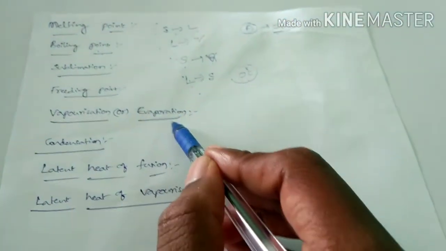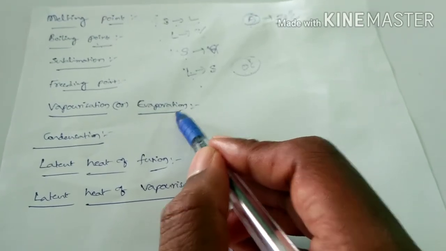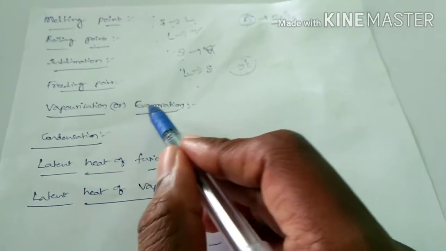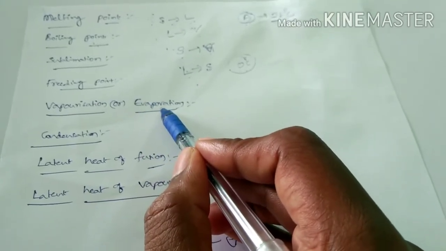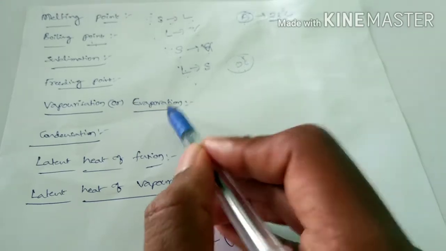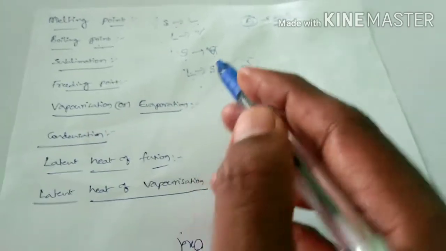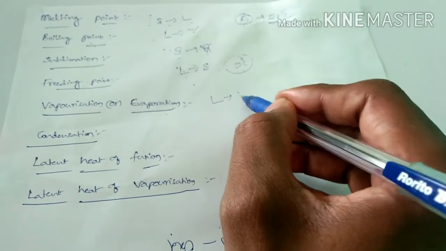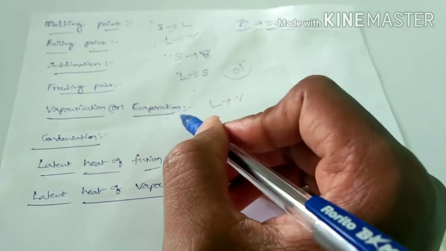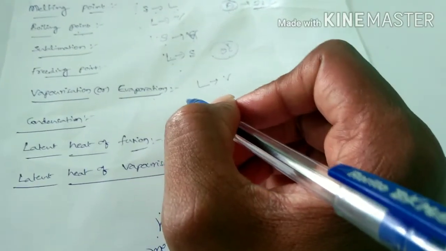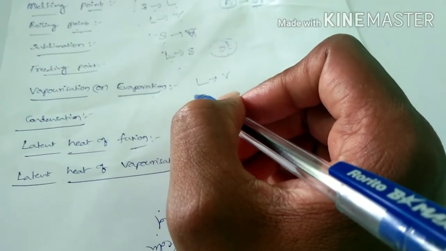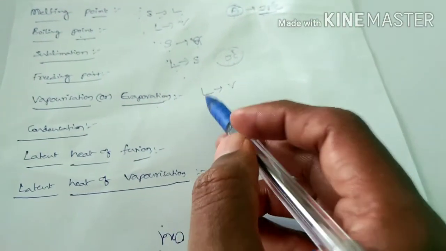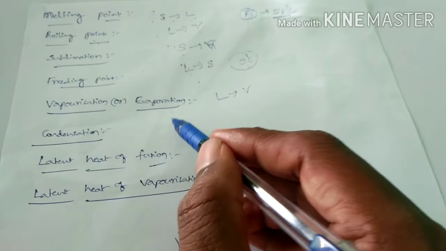Next, vaporization. One more name for this is evaporation. Vaporization or evaporation, both are same. Vaporization means the process in which, not temperature, the process in which liquid is converted into vapor. That process is called evaporation or vaporization. Next, condensation.